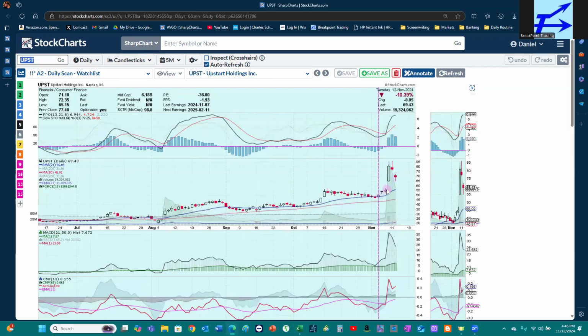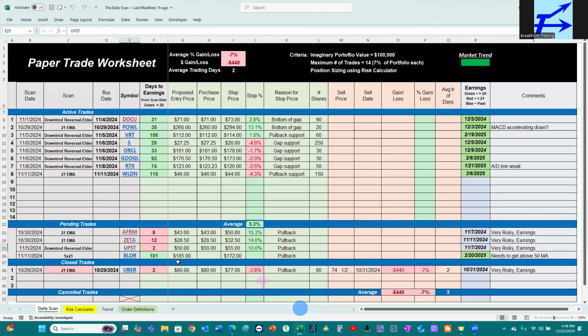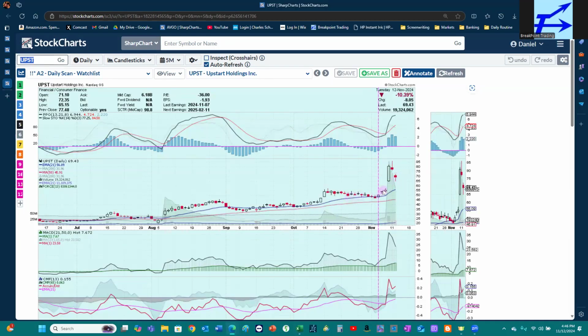We're not in it. Unfortunately, wish we were, probably would have moved the stop way up on that one because it had such a huge run up there. But right now, the stop is sitting at 55. So that's a 10% gain on that one. This is just a watch list.